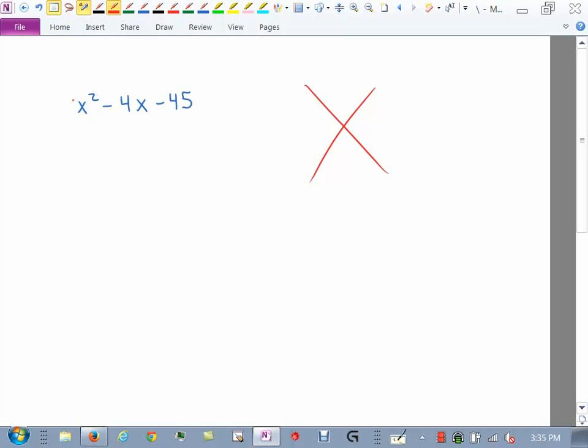Because I'm doing AC, the 1 times -45 is negative 45. And then the number in the middle is negative 4. What two numbers multiply to give you negative 45 and add up to be negative 4? Negative 9 and positive 5? Did I write that problem down right? Is that correct? Yes? Okay. All right, next.